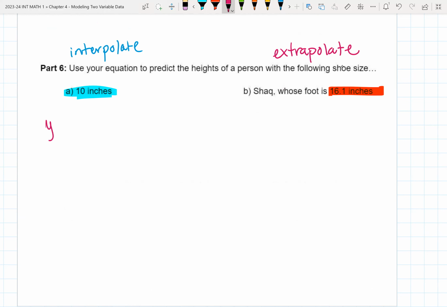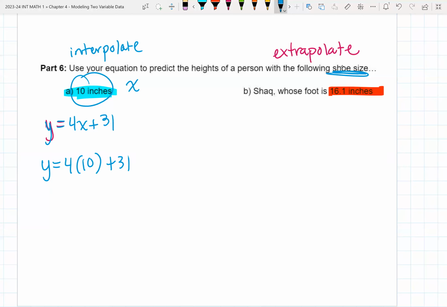So we'll take our equation of y equals 4x plus 31, and we'll take this 10 inches in shoe size or foot length, and that's our x variable. So we'll plug it in for x, and we'll interpolate, we'll predict inside of our data how tall we would expect this person to be, and we already know where this is going. This person's going to be about 71 inches tall.